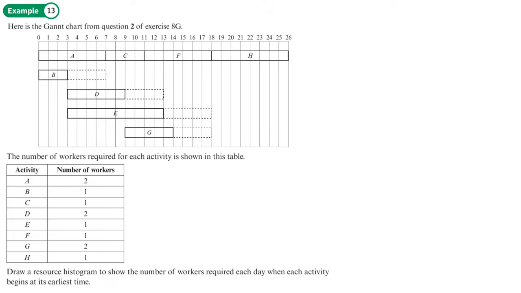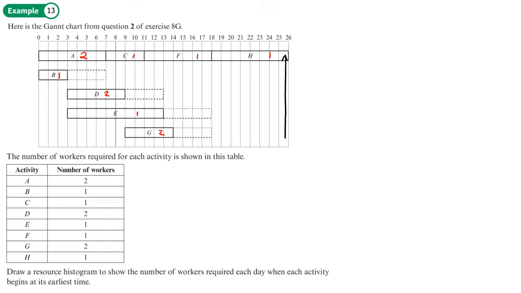Okay, so the first thing I'm going to do is write the number of workers in each of the bars here, activities, to help me keep track of what I'm doing. So A was 2 workers, B is 1, C is 1, D is 2, E is 1, F is also 1, G is 2, and H is 1.